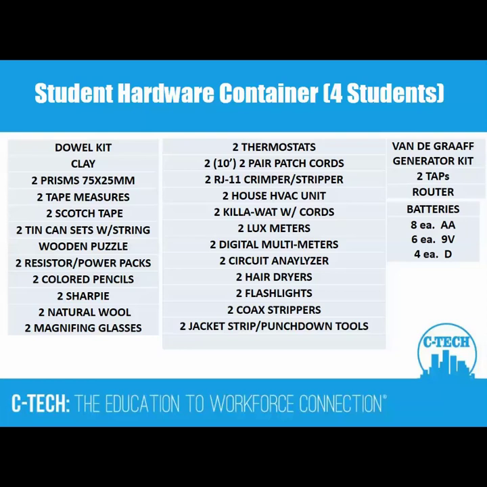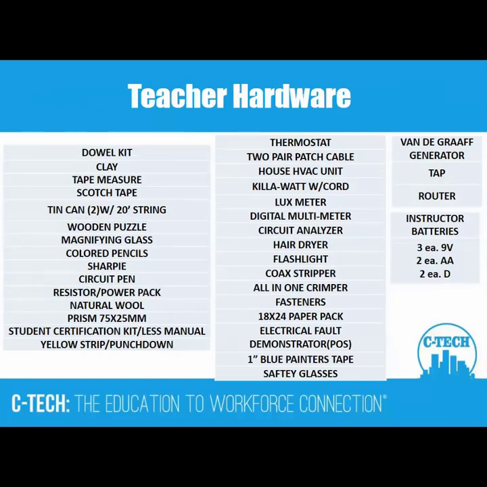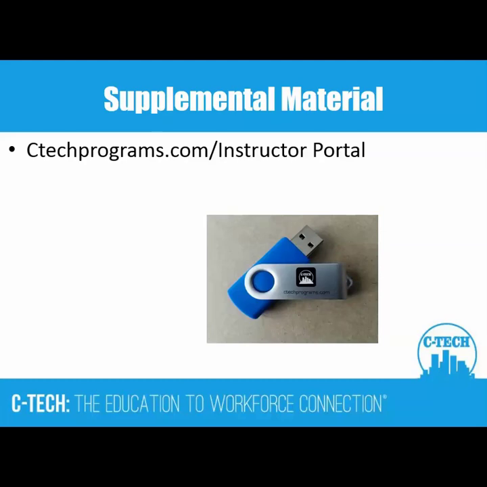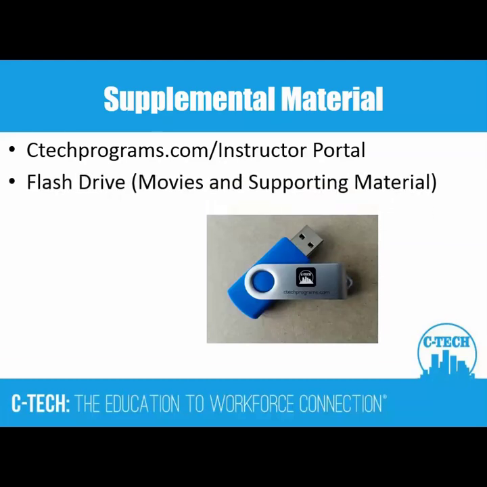These are reusable items. There is also a teacher hardware container that contains the following items. These are also reusable. Supports for this program are online, and you're also provided an electronic media with all the movies and supporting documents.